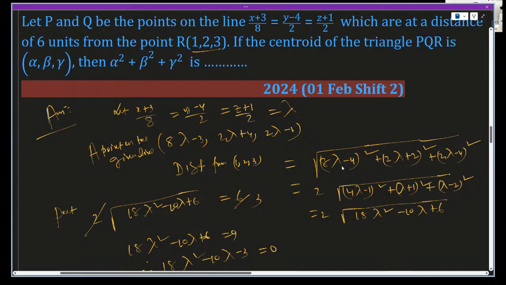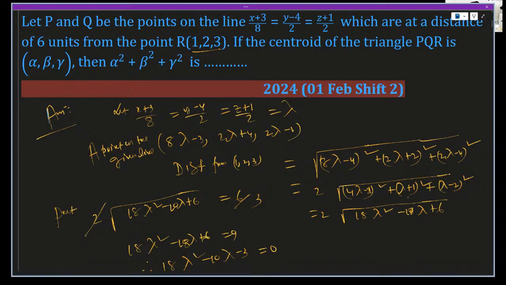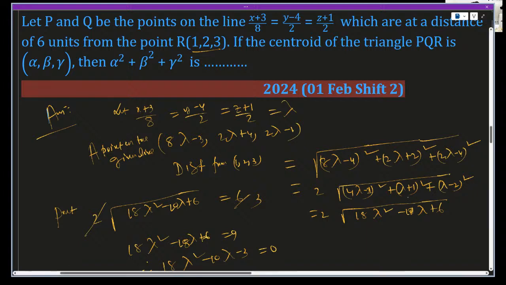You have taken 2 common from here. Once more check. Oh, this will be 2. I am extremely sorry. 18 lambda square minus 4 lambda minus 2, no? Yes. 16 lambda plus 4 lambda, 20 lambda plus 2 lambda minus 18 lambda. This will be 18 lambda. And there it will be 9.